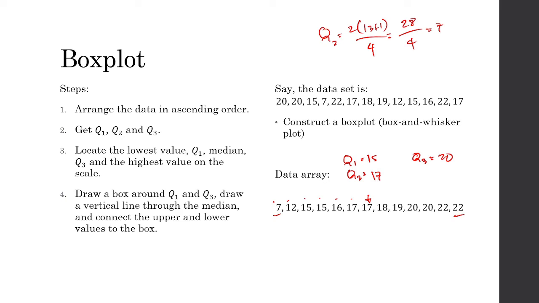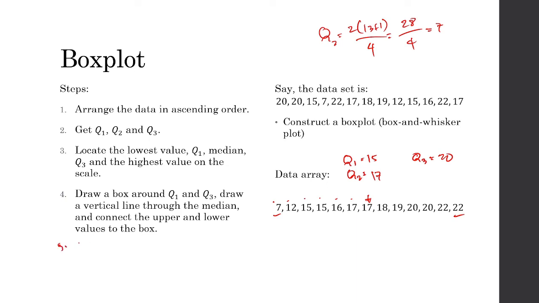So now, let's construct the box. But before that, para mas makita natin class yung use ng ating box and whisker plot, we also need to add another step here.